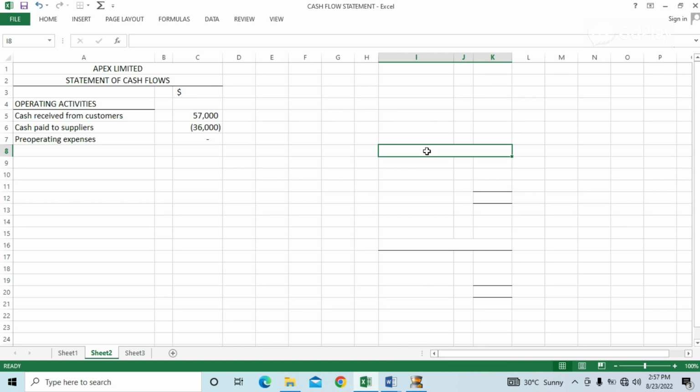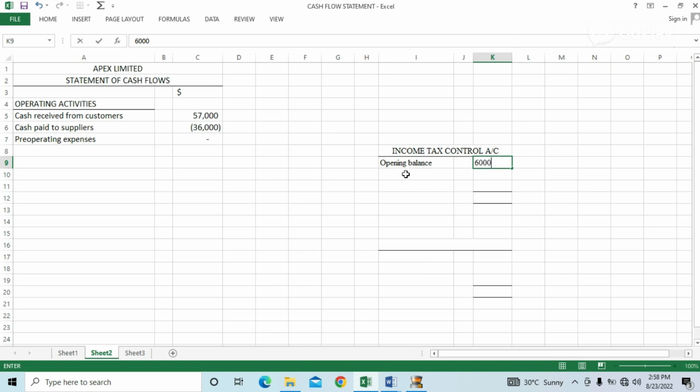So we have income tax control account. So the opening balance was how much? The opening balance was 6,000.